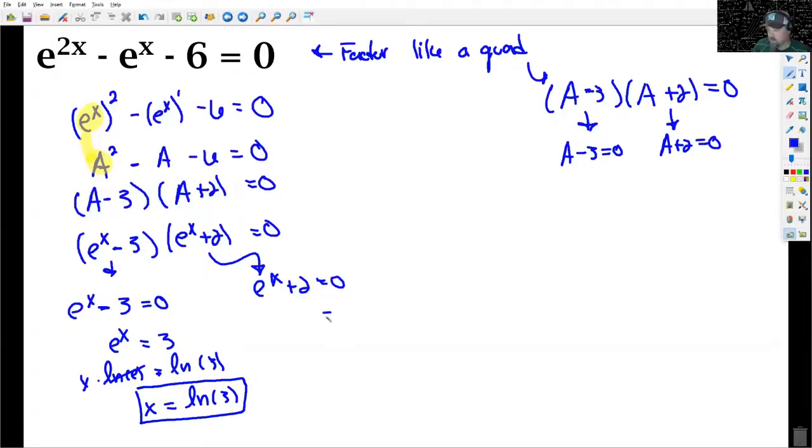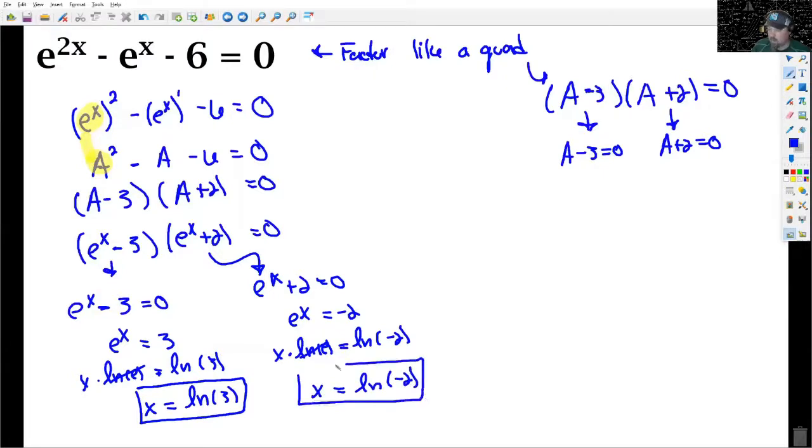Move 2 over. We're going to get negative 2 for e to the x, and we go to solve this one the same way. And we know this doesn't count. So these are exact answers. All right, these are both exact.